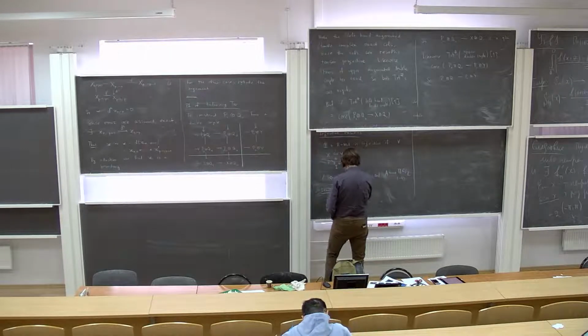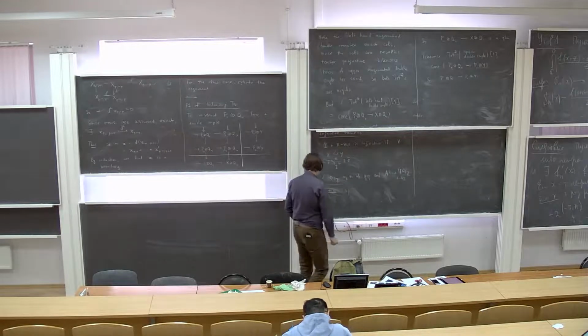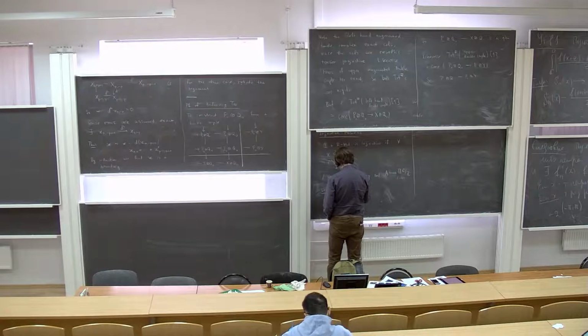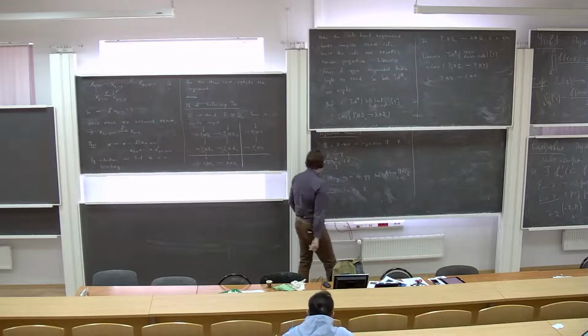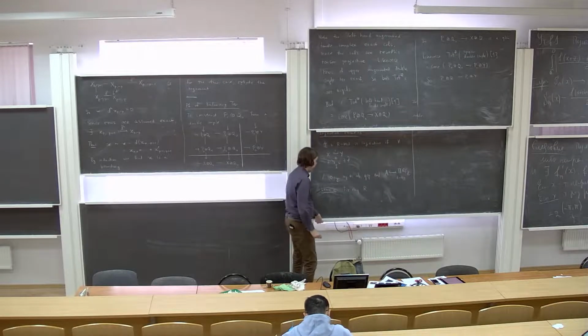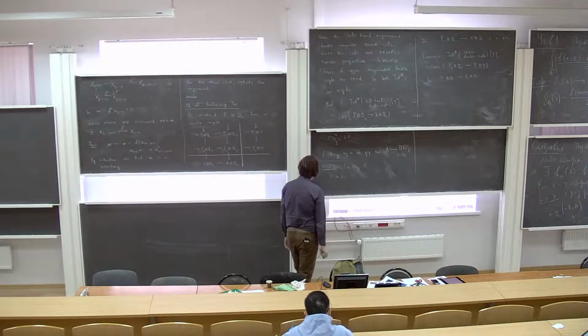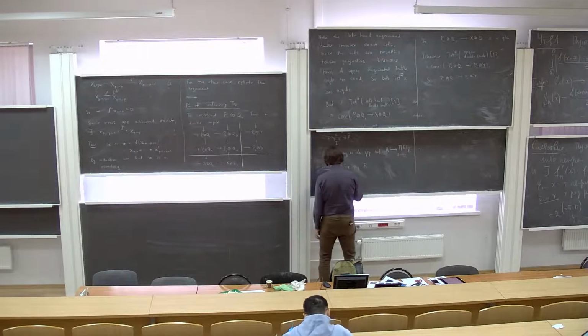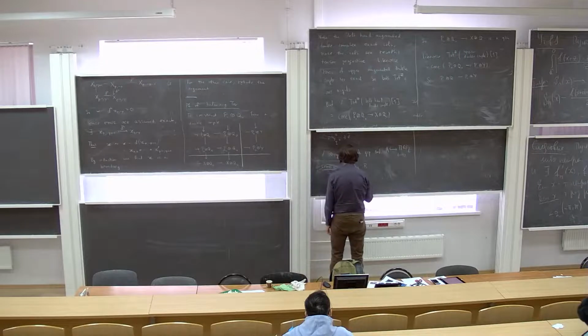So fix a ring R. I want to find the analog of Q mod Z. I'm going to define it and call it I sub R. I have to give it some kind of name.